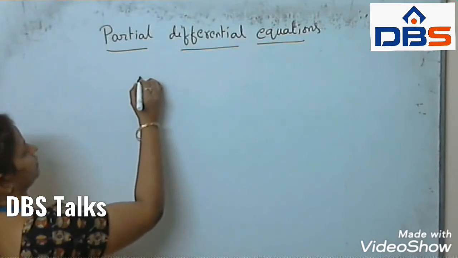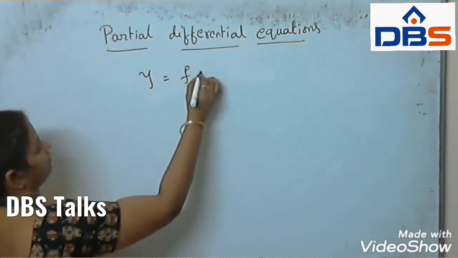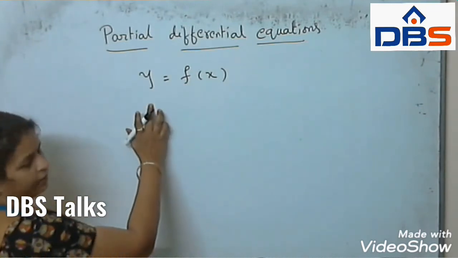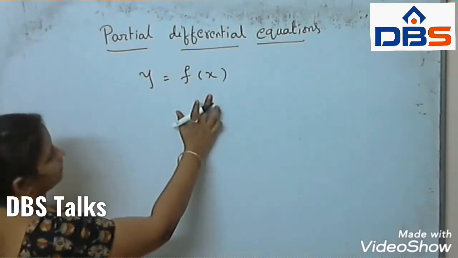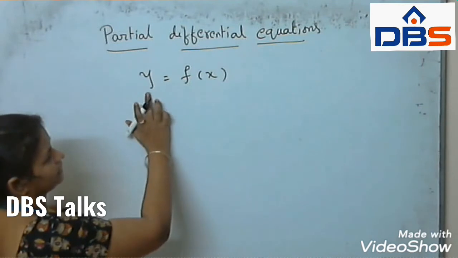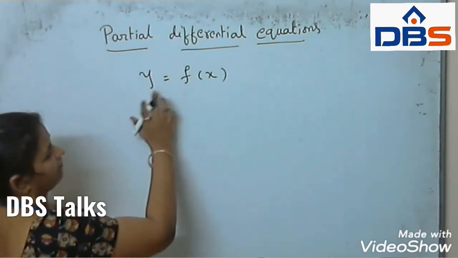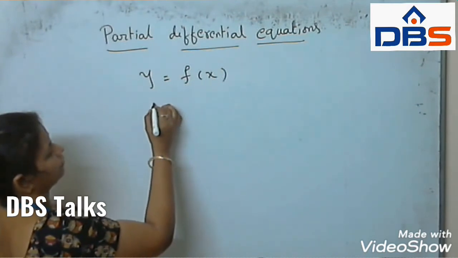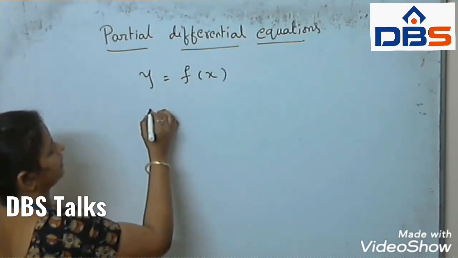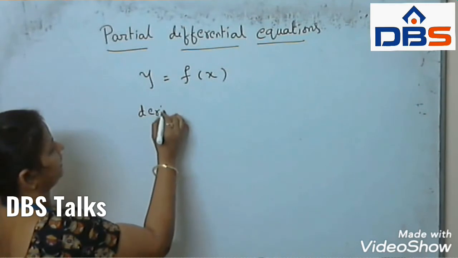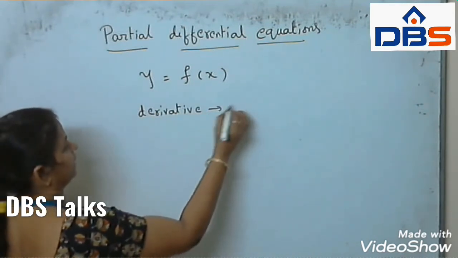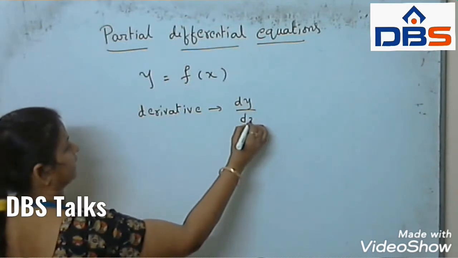Suppose let us take a function y equal to f of x. That means y is in terms of x. So what is the derivative for y? We can write the derivative as dy by dx.